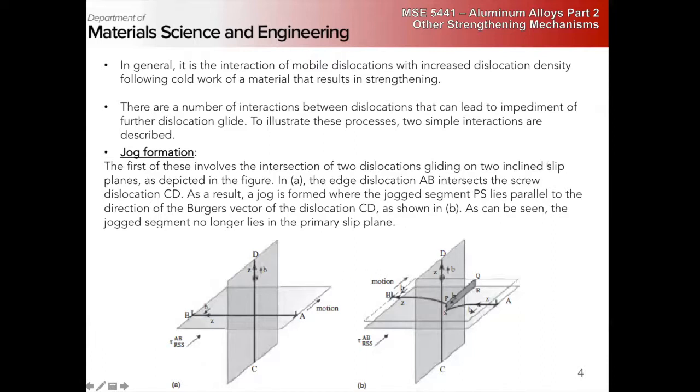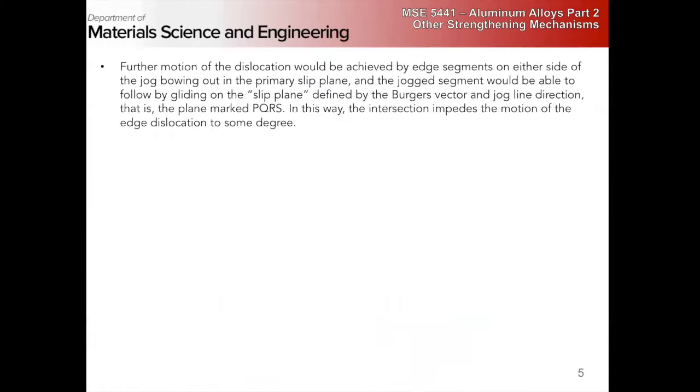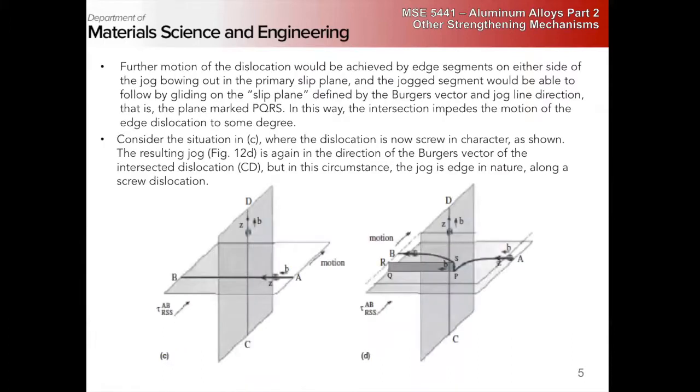But if you look at your notes, you can see our line direction has changed. So that means this now is a segment that's lying on a different slip plane. Right? So it's not on the primary slip plane anymore.